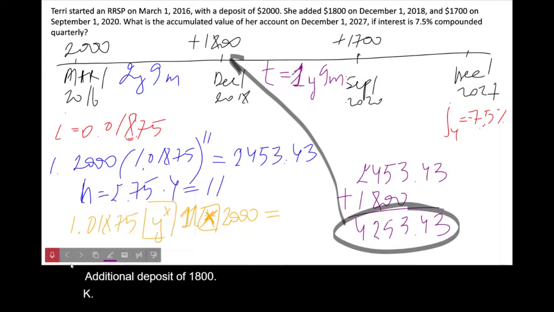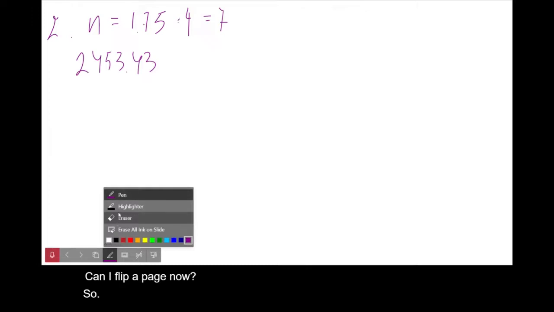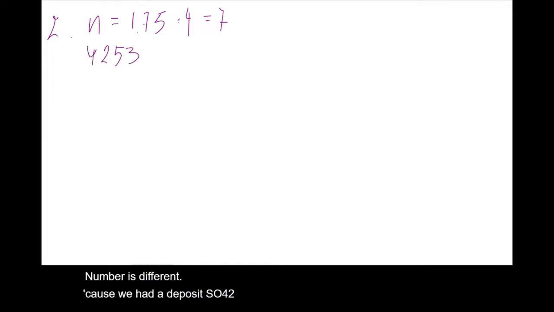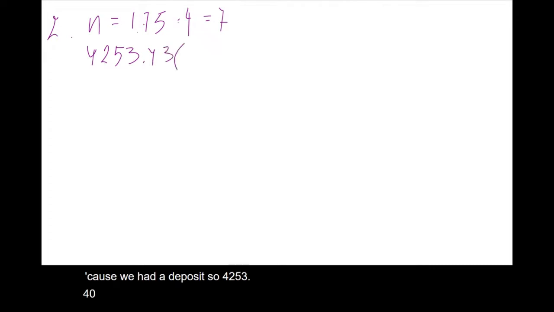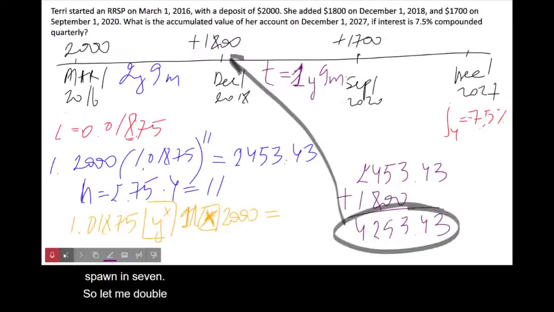Okay. Can I flip a page now? Here the number is different because we had a deposit. So 4,253.43 times 1.01875 exponent 7. Let me double check the number.